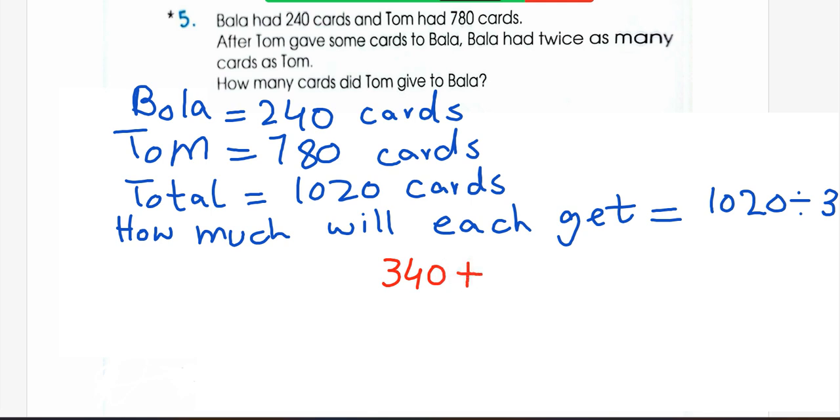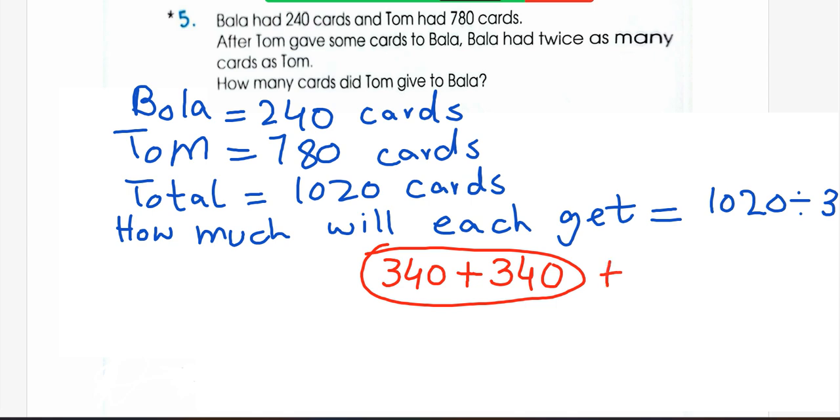No, each will not get this 340. Two parts Bola will get and the third part Tom will get. 340 plus 340 plus 340 will be 1020.